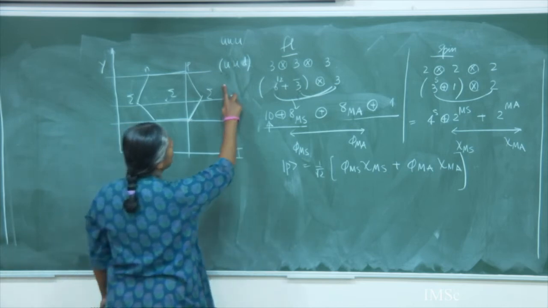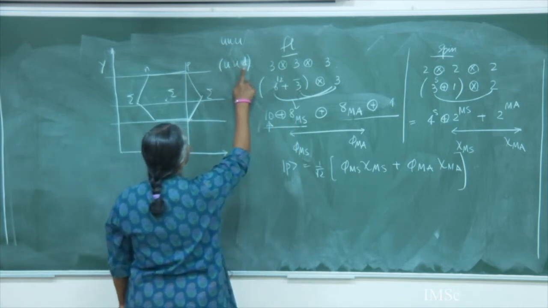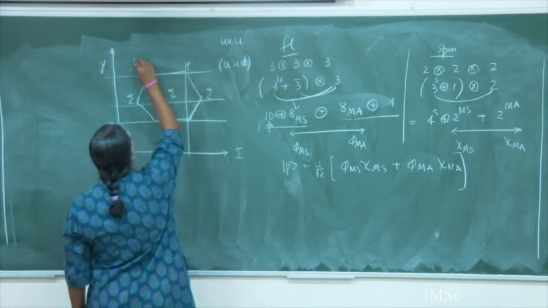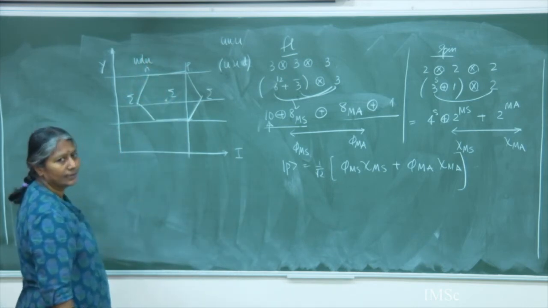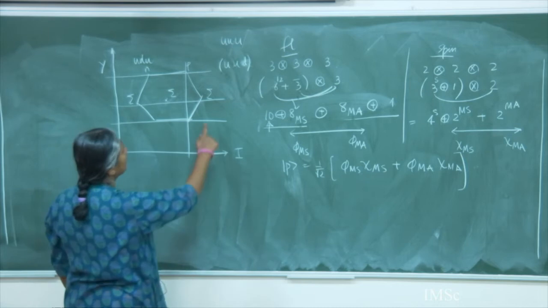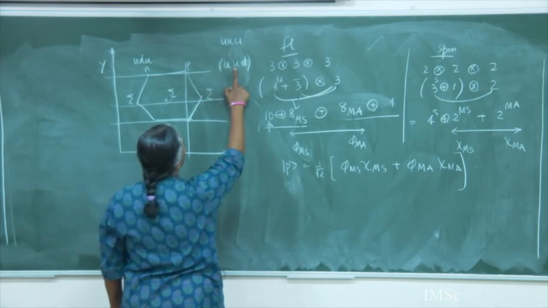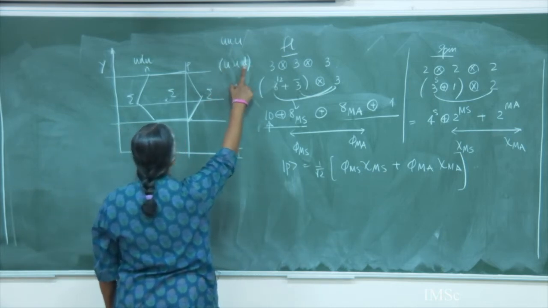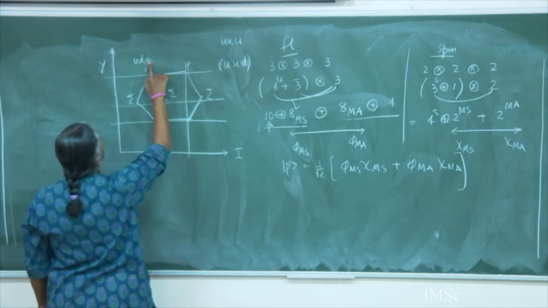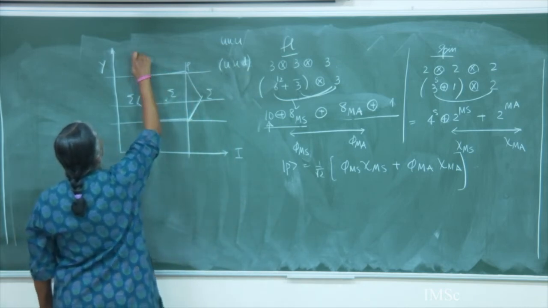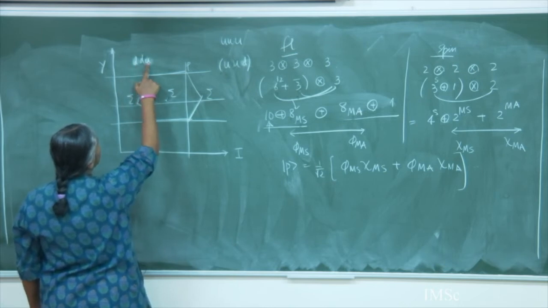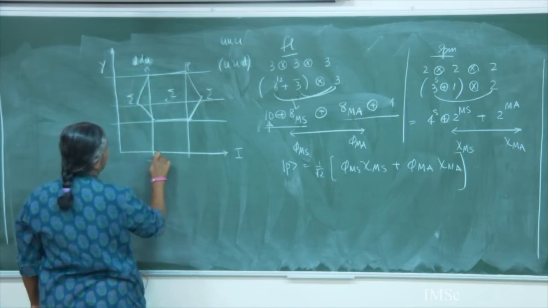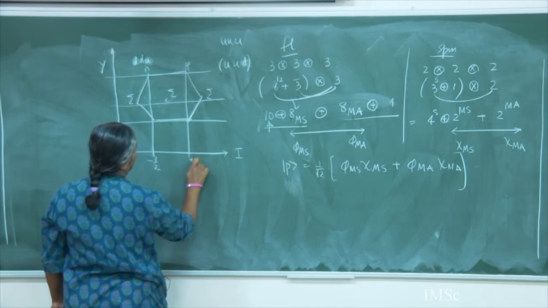So I have to start with the 8 which is UUD or this is UDU. Is it clear? So this is I3 is half, half minus half. And this is I3 is minus half plus half is minus half, right? This is plus half. Is it clear?